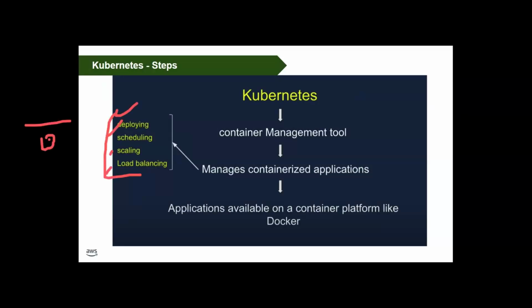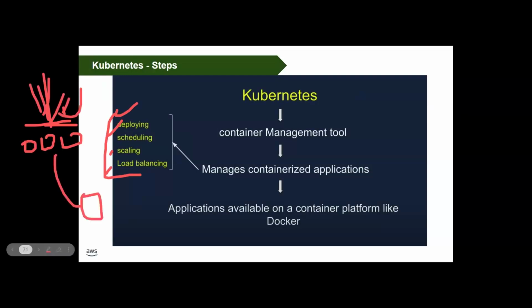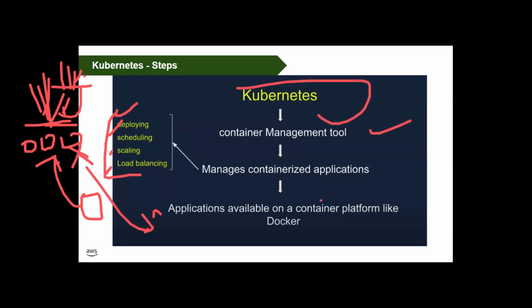So when containers are not sufficient and more users are accessing the application, it will keep on adding containers, and when fewer customers are visiting, it will remove the containers. That is called a container management tool. It will manage the containerized applications available on platforms like Docker. So the applications are already deployed on Docker.